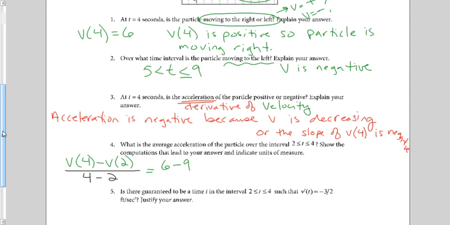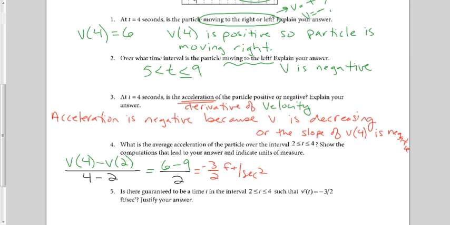And so I have 6 minus 9 divided by 2, and that gives me an average acceleration of negative 3 over 2. This is acceleration, so the units are going to be meters per second squared. I believe our units are meters. Nope, feet per second. My fault. So my units are going to be feet per second squared. So that's my average acceleration.